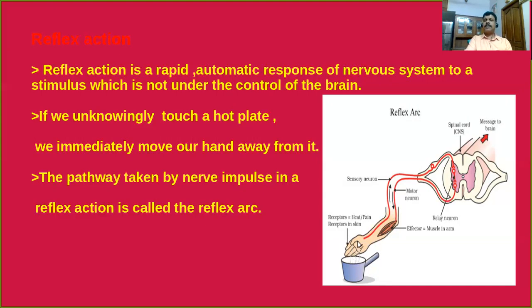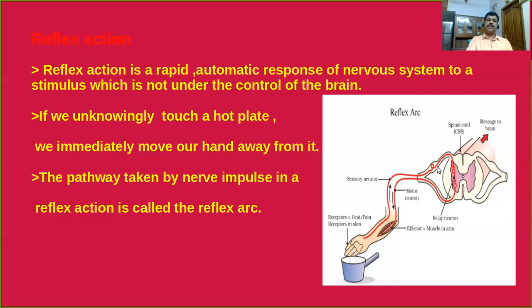The receptor cells in the hand sense the hot condition, and that impulse is transferred to the spinal cord. From the spinal cord, what happened? The messages enter into the effector region, I mean the hand again. So the pathway of nerve impulse in this reflex action we can collectively call the reflex arc. Do you follow me? What is the reflex arc? The pathway of nerve impulse in a reflex action.